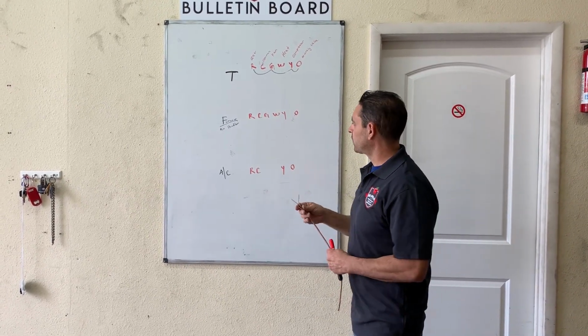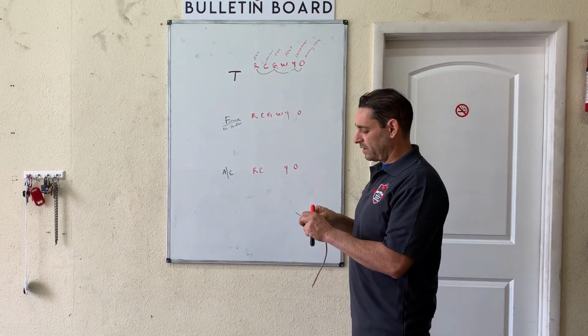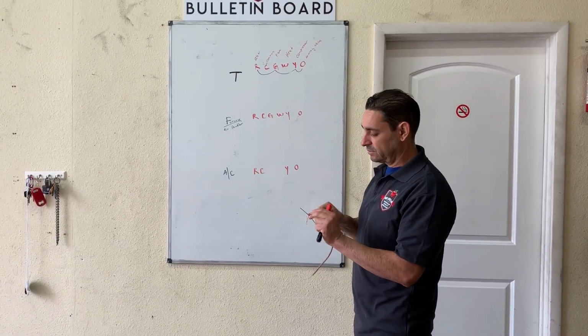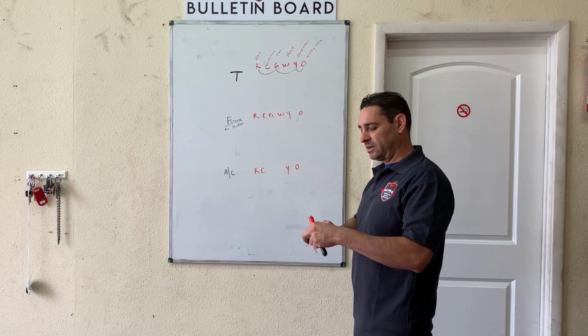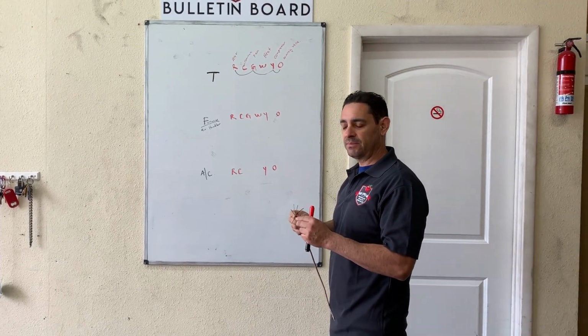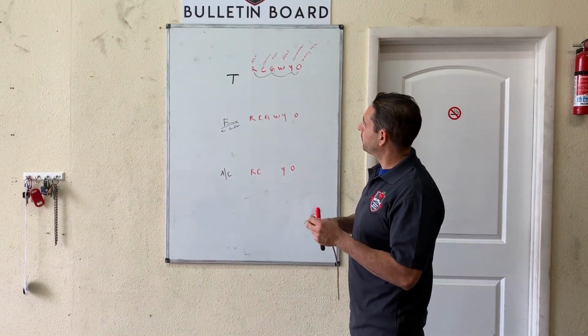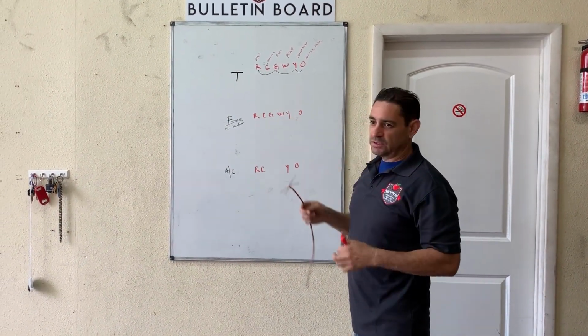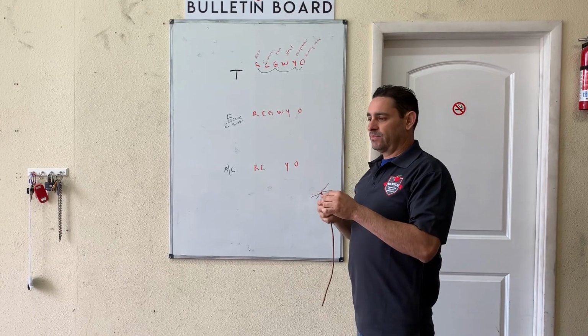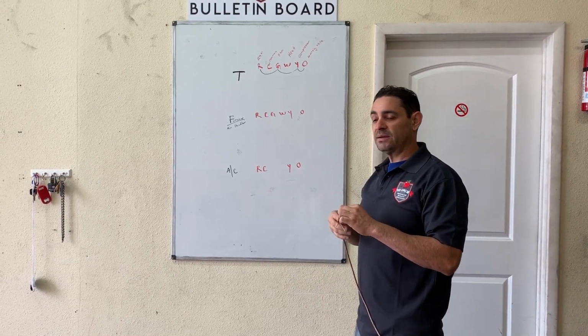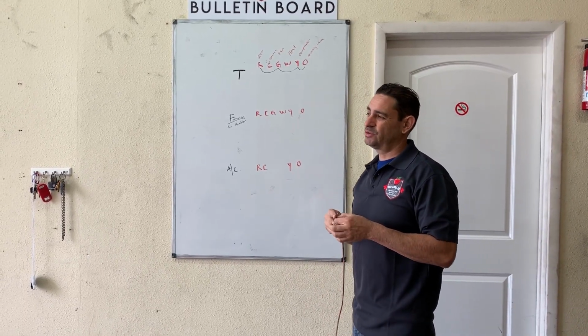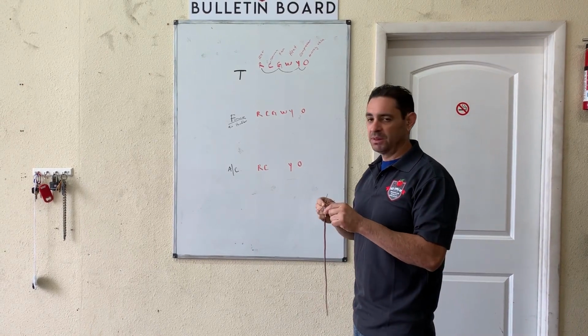Then we have all these other different colors, and each one of these colors has to do something. The R is what color? It's red, right? And normally in 2019 for common we use blue.